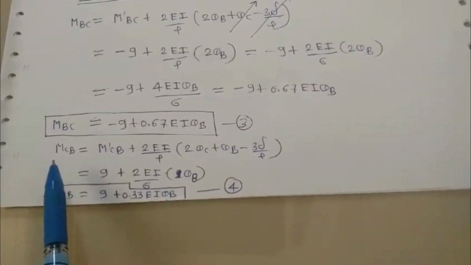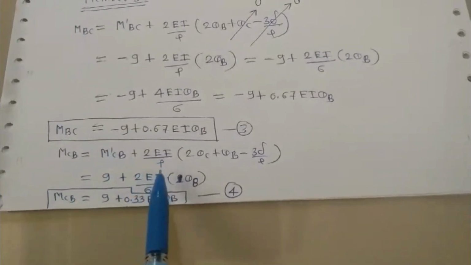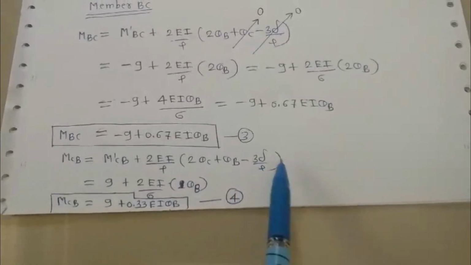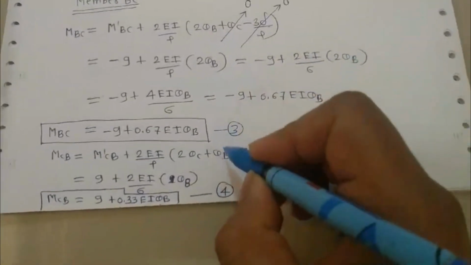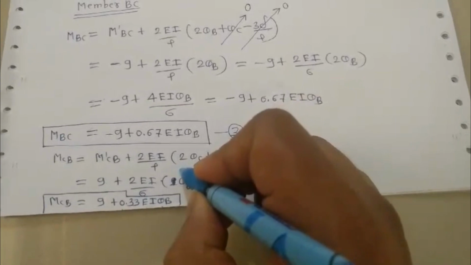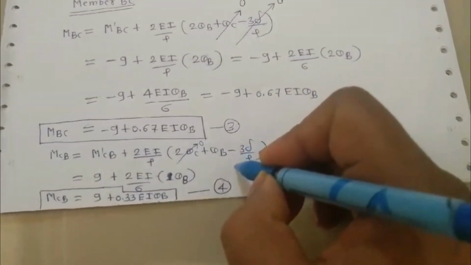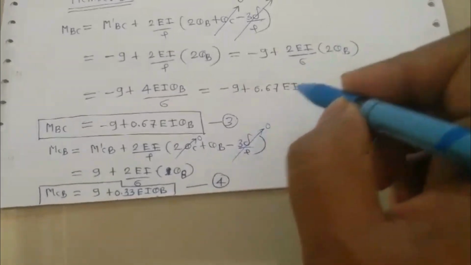Similarly for MCB, M dash CB plus 2EI upon L in bracket 2 theta C plus theta B minus 3 delta upon L. You can see here at support C there is a fixed support, hence theta C will be 0, as well as the vertical displacement delta will be 0.